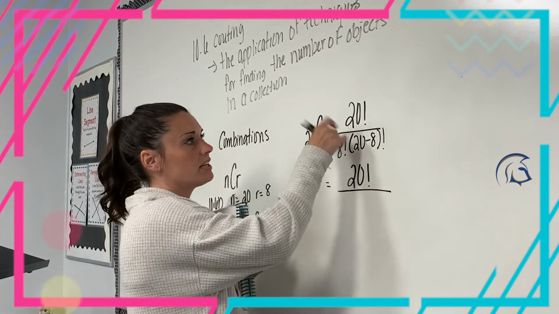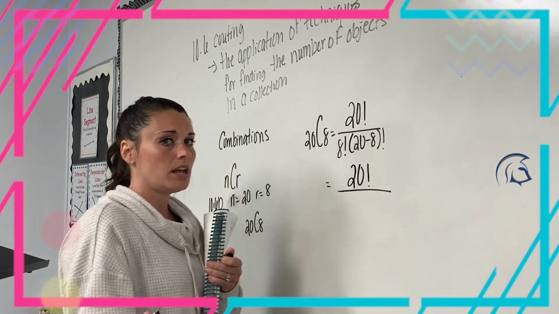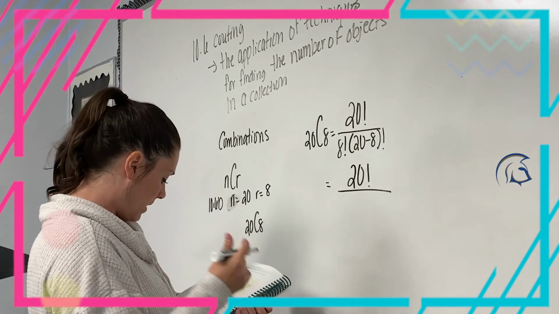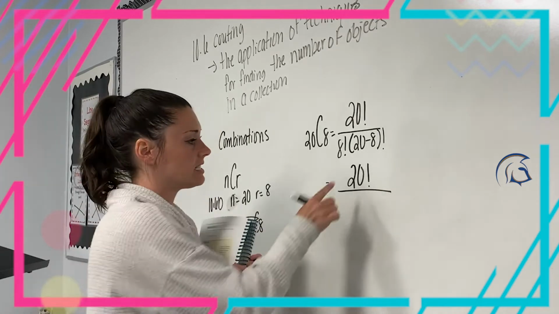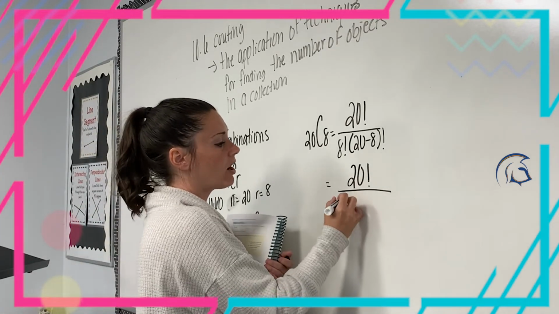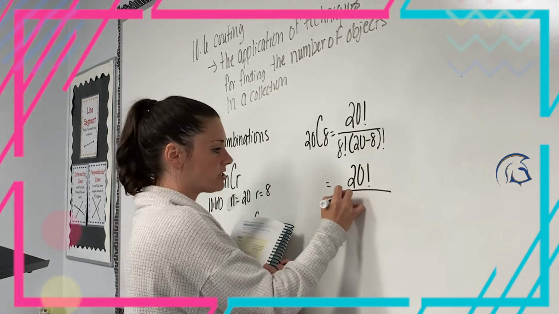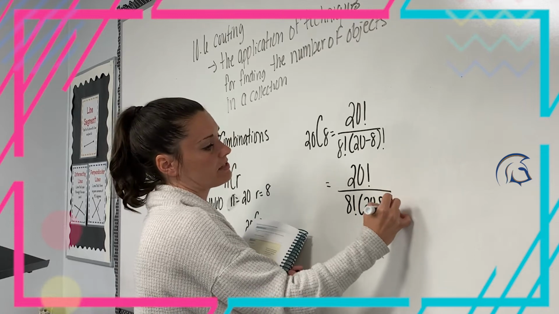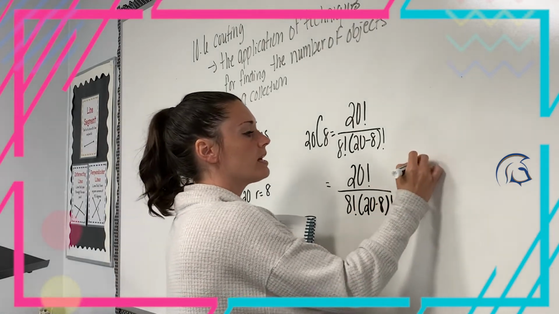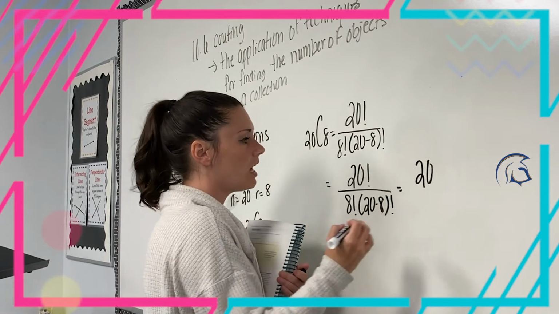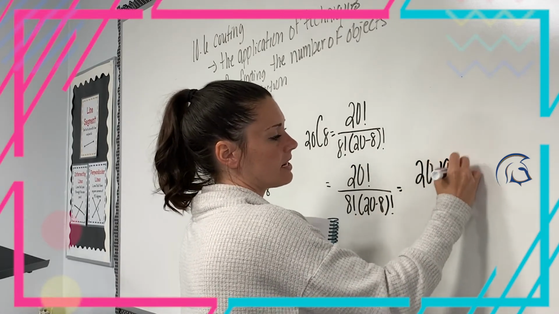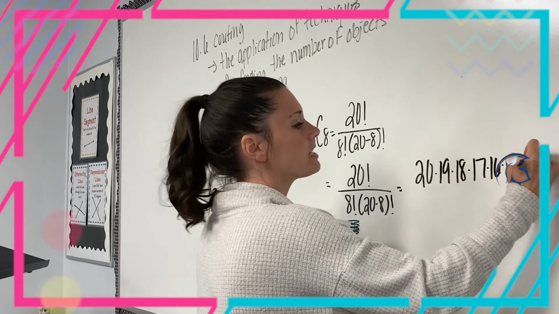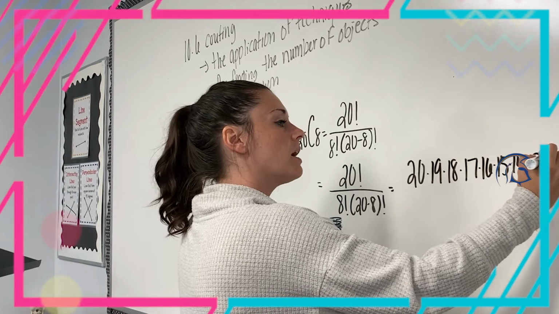So this is n factorial, so that's 20. Your formula is on the bottom of 484 if you want to look at that. It's n factorial, then you take r factorial, which is going to be 8 factorial, and then (20 minus 8) factorial, okay? Now 20 factorial, that's going to be 20 times 19 times 18 times 17 times 16 times 15 times 14 times 13 times 12.